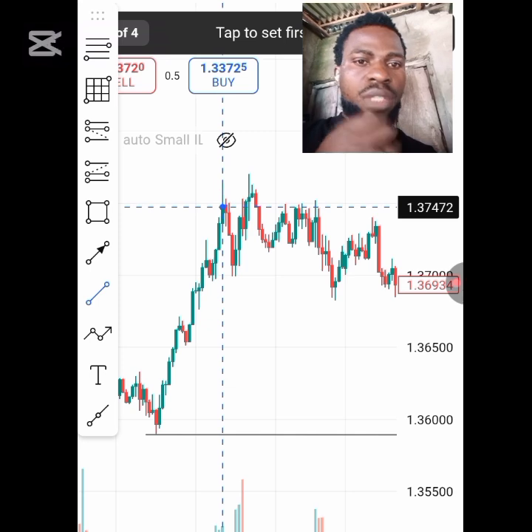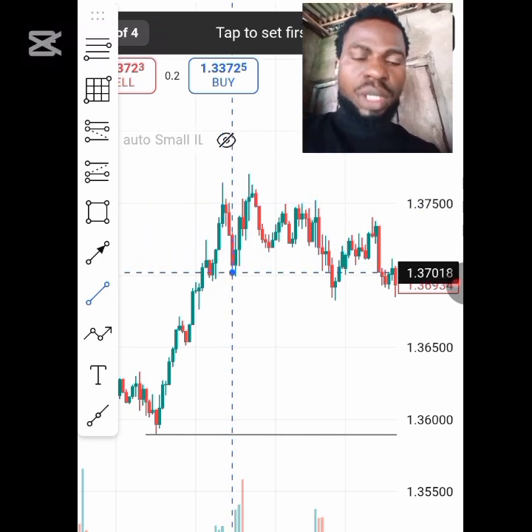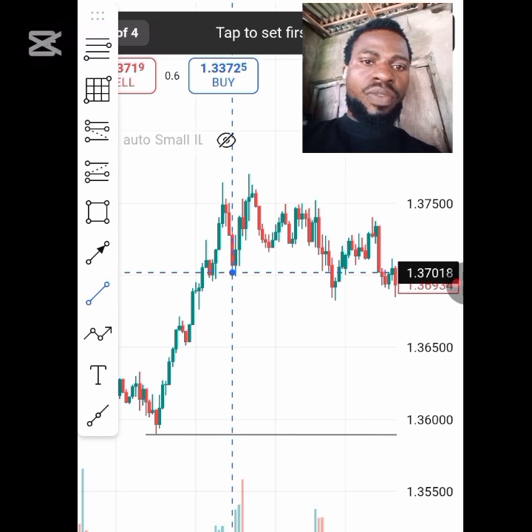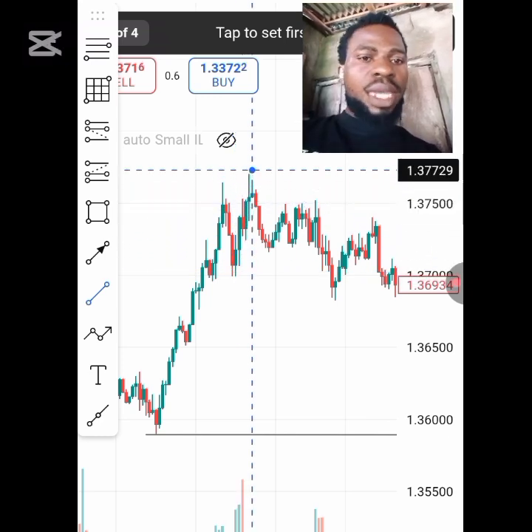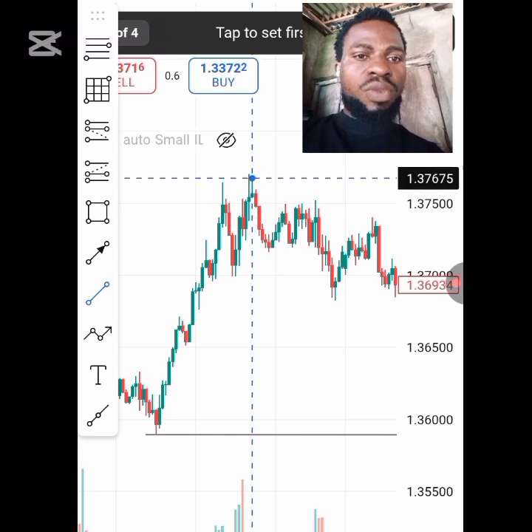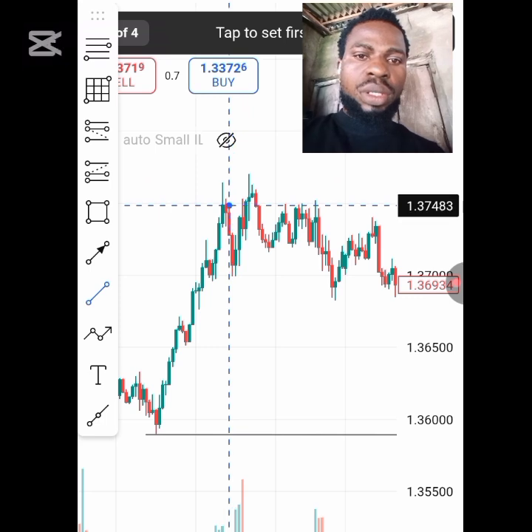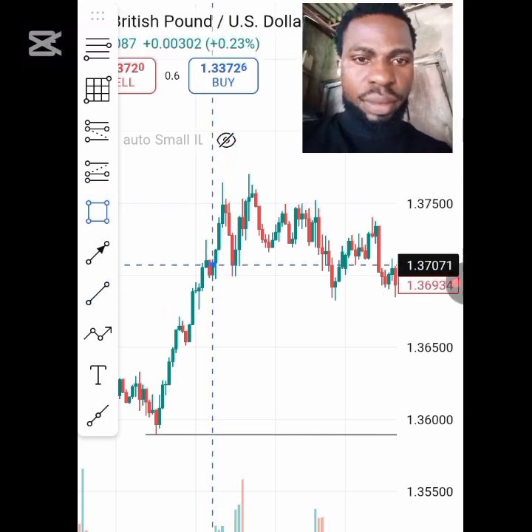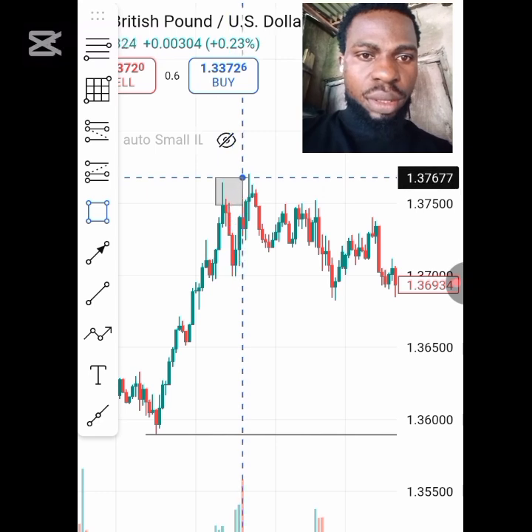So it formed a wick and then it came down. What we are expecting is for this to break this structure with a body of candle, but instead it formed another wick, which means rejection. This is rejection. So here is the wick from here to here.